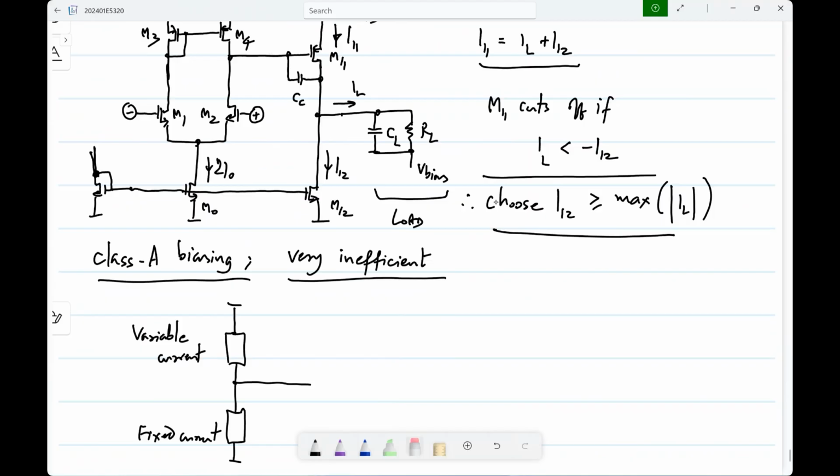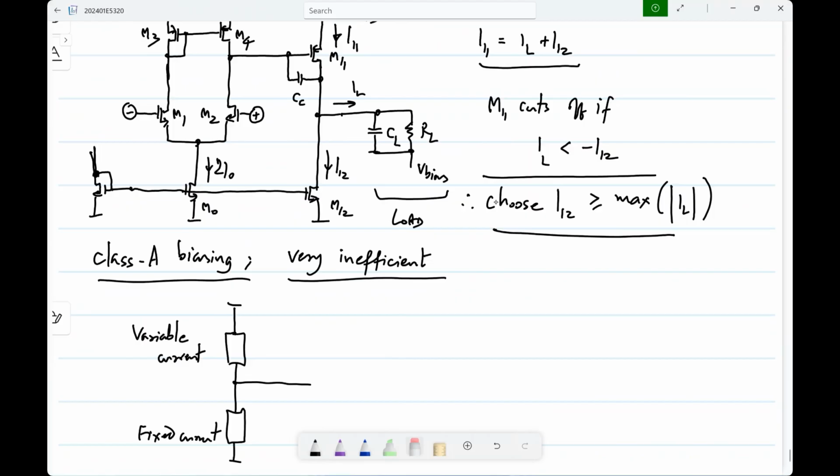Okay. So now if we want to not be limited like this, that is, in this case we have a limitation on the negative load current. What is it that we need to do? What kind of arrangement would we need? Both of them have to be signal dependent. Okay.